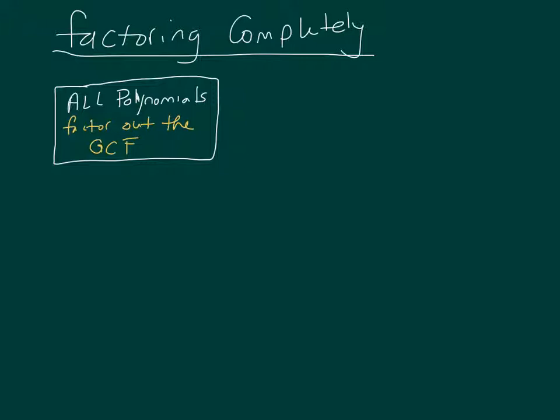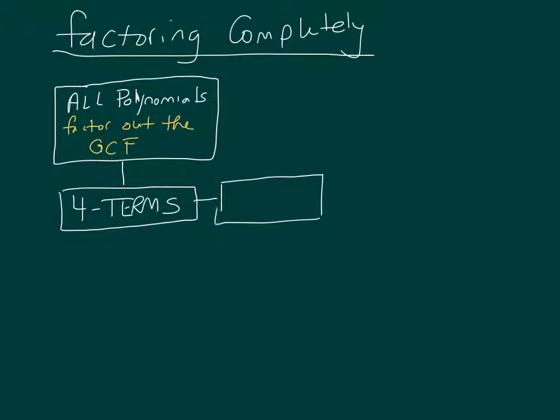After I factor out the GCF, or if there is no GCF, so there's no greatest common factor, then what I want to do is look at my polynomial and say, do I have 4 terms? If I have 4 terms, then I'm going to factor by grouping.